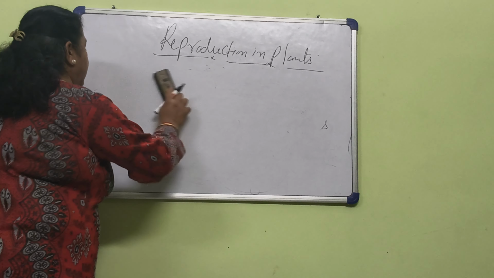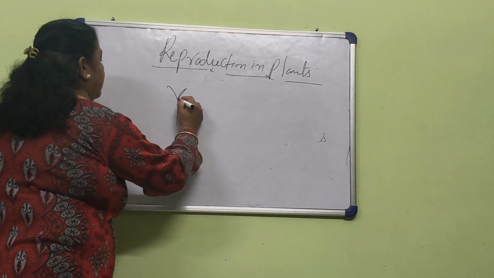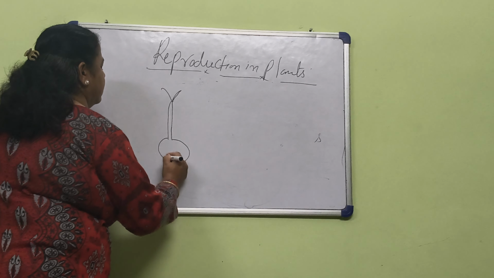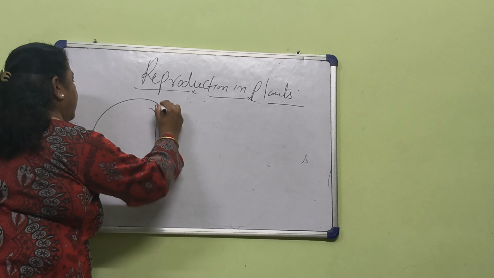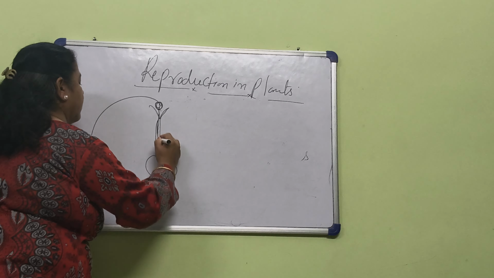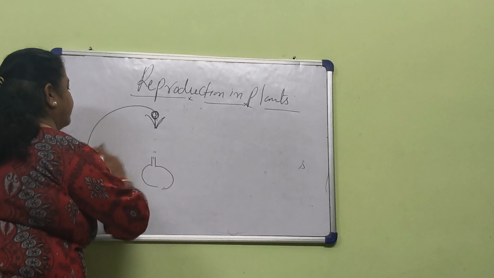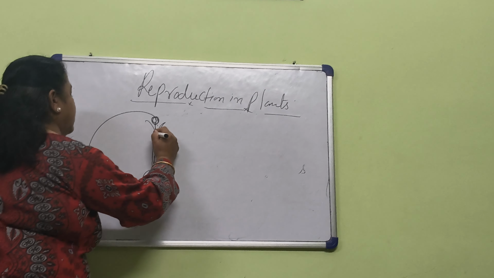When pollen grains reach the stigma of the flower, this pollen grain will form the pollen tube. Okay, the pollen tube will form a tube-like structure inside the style.